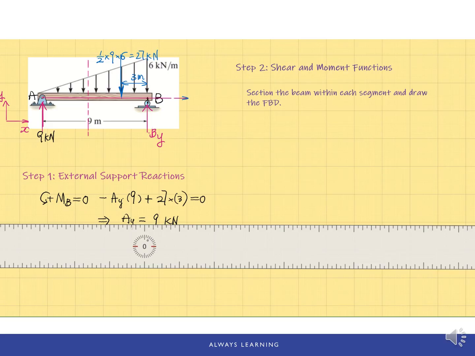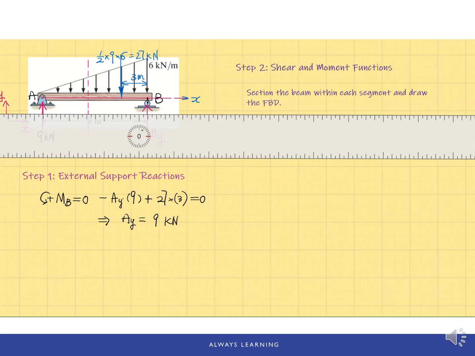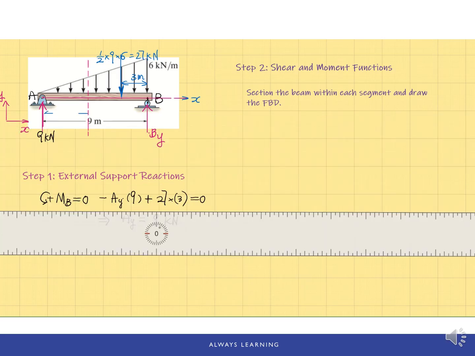Therefore, it's from A to B. That's the x direction. And with point A, the left end at x equal to 0. And my imaginary cut is at an arbitrary location x from point A. So this is X.